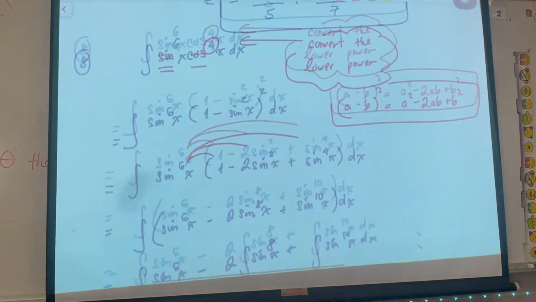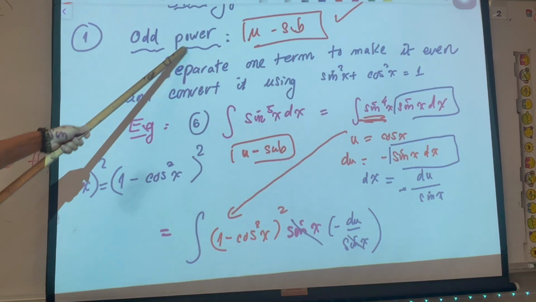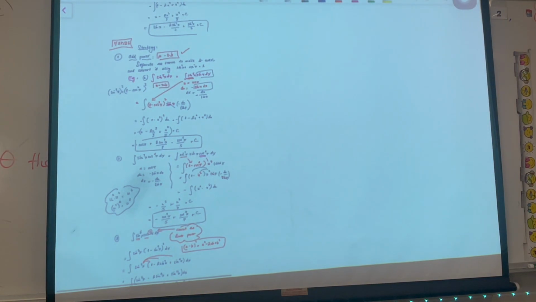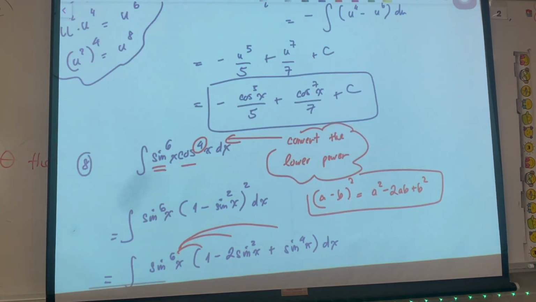So how about we update the note here? Odd power, you're going to use u-substitution. What about not odd power? Can we add it up here or write a new one? Which one is better for you? Okay, new one.